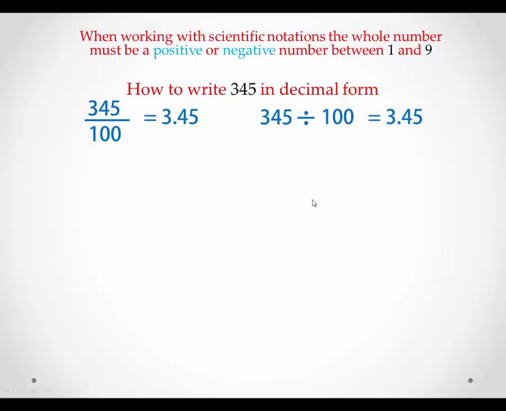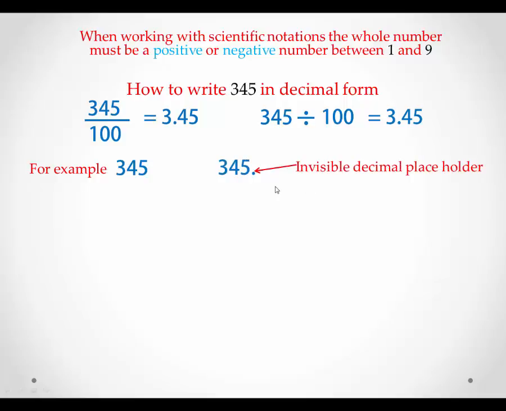Okay, we are going to use the same number in an example to show how we can move the decimal place so that we get the number in the correct decimal format to use in our scientific notation. To achieve this, we will start with where the decimal point should be. In every positive or negative whole number, we have an invisible decimal placeholder. This is our starting point.